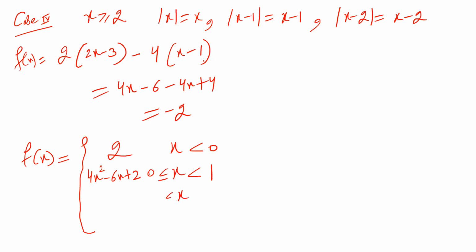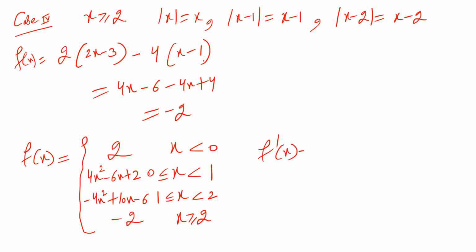For x greater than or equal to 1 and less than 2, it is minus 4x square plus 10x minus 6. For x greater than or equal to 2, it is minus 2, right?